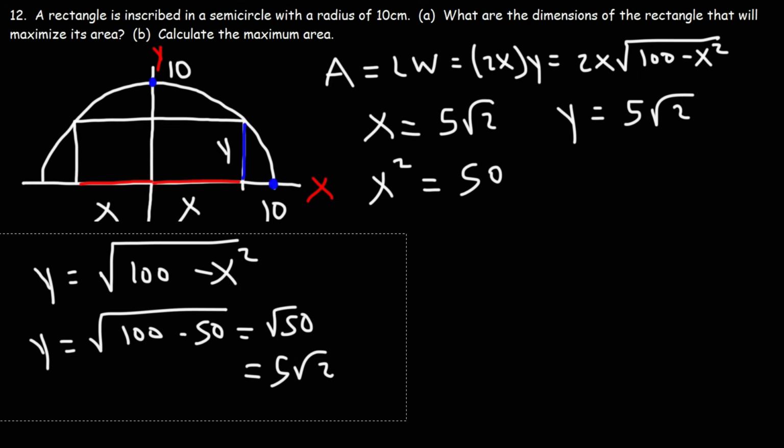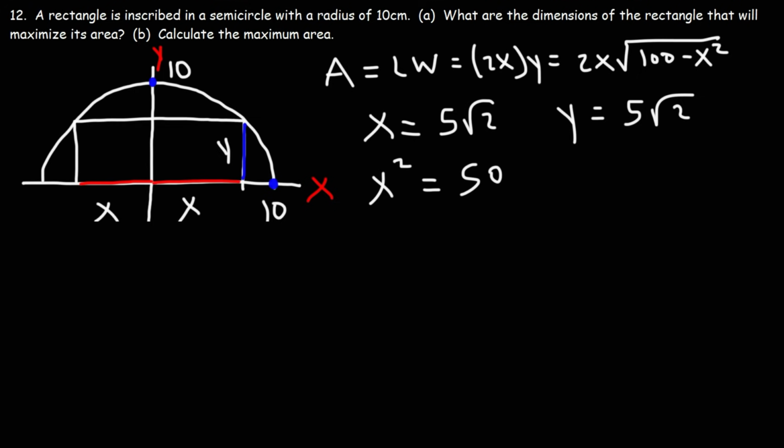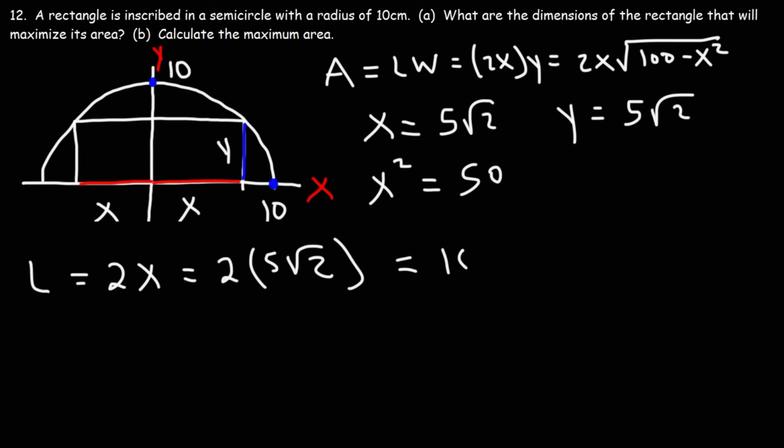Now, our goal in part A is to determine the dimensions of the rectangle that will maximize this area, which means we want to calculate the length and the width of the rectangle. So the length of the rectangle is 2x, and x is 5 root 2. So the length of the rectangle in this problem is going to be 10 square root 2.